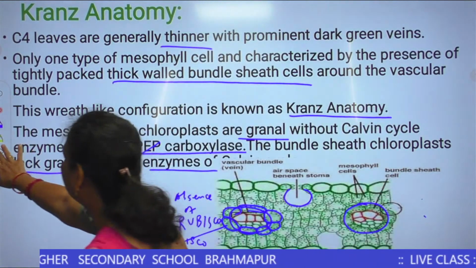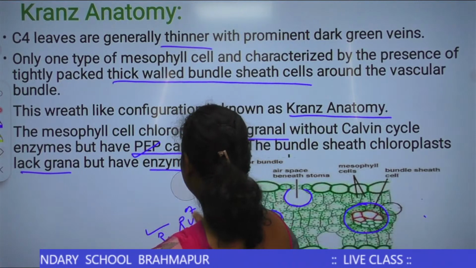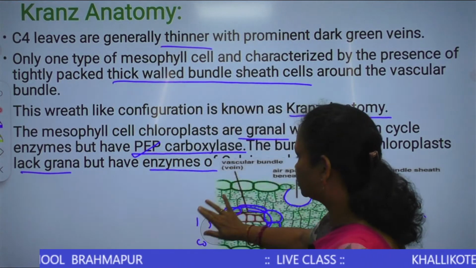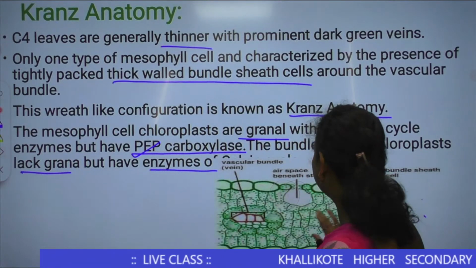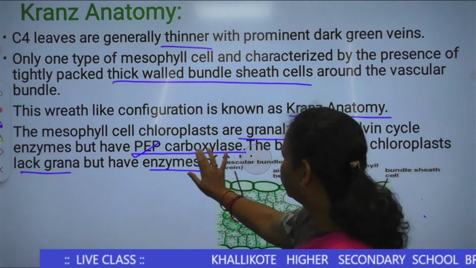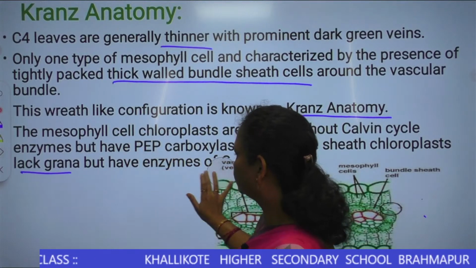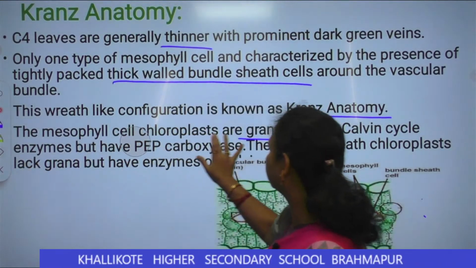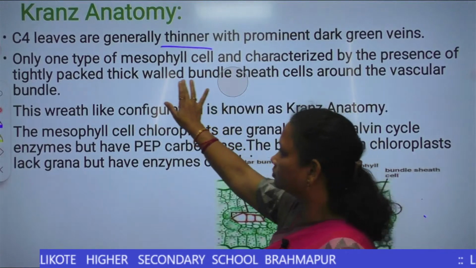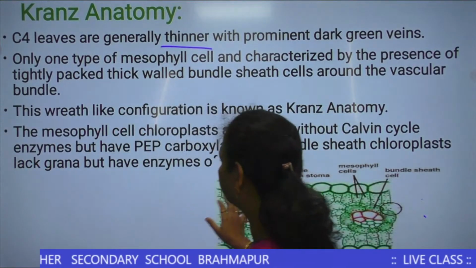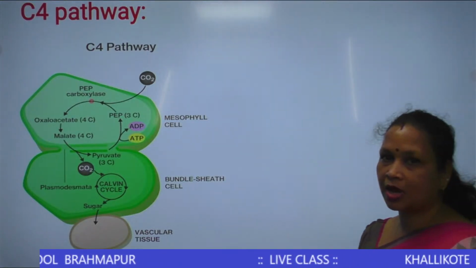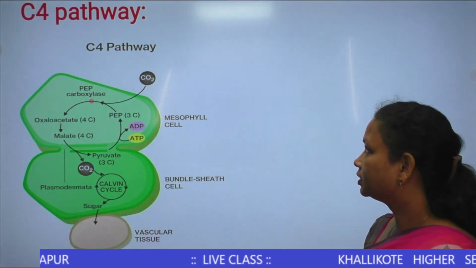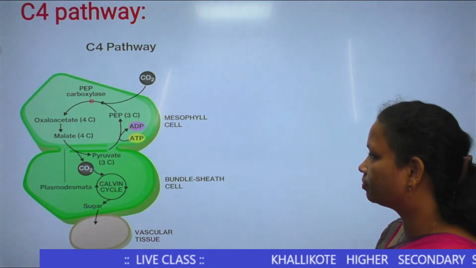So, let us now go to the characteristic feature or the path of the C4 cycle. This is the path of the C4 cycle that you can see, or the C4 pathway.